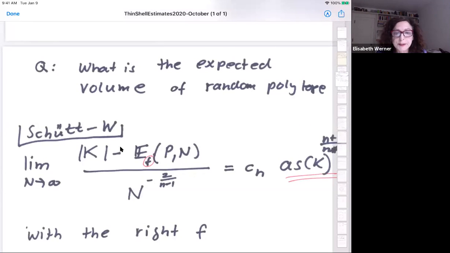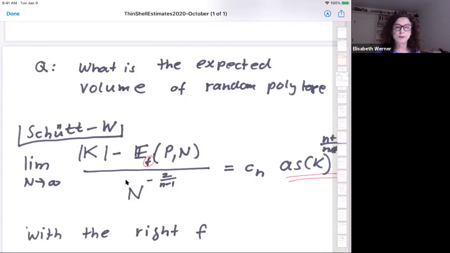So here we'll have this volume defect between the volume of the body K and the expected volume of a random polytope P, where we have chosen capital N points on the boundary of K with respect to this probability measure PF. And now we have picked the right F, and I'll explain a little bit what I mean by this.